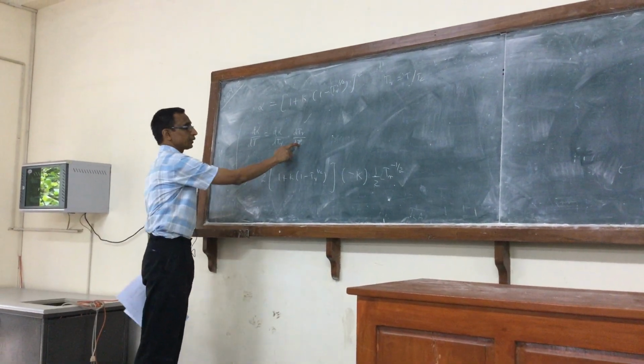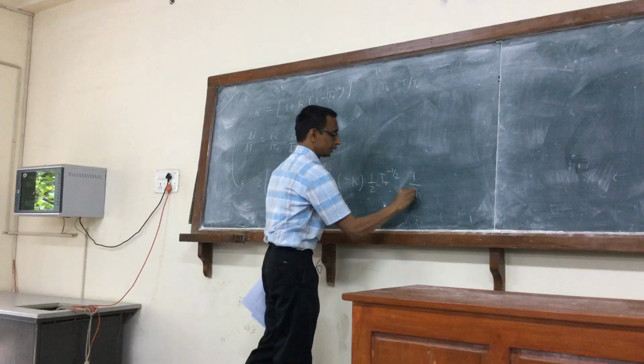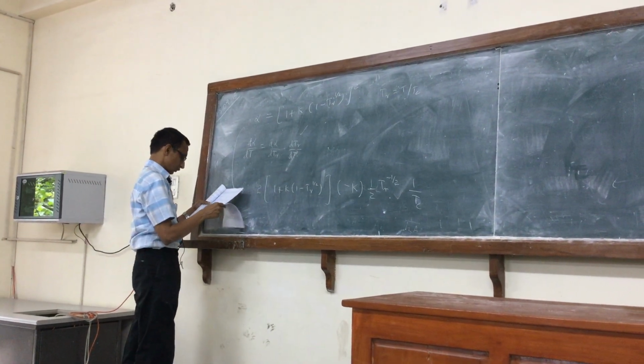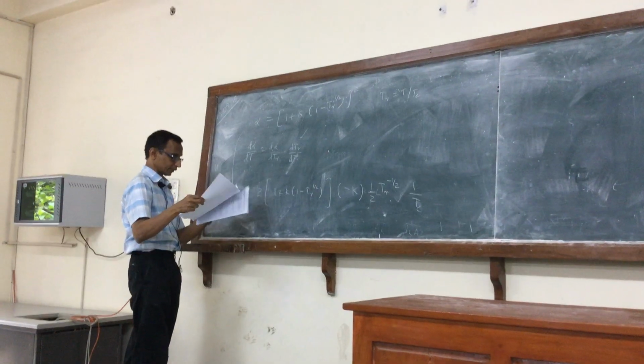Then we are still left with this, so this would be 1 over Tc. And I have the final expression, and you can verify whether this is consistent with that or not.